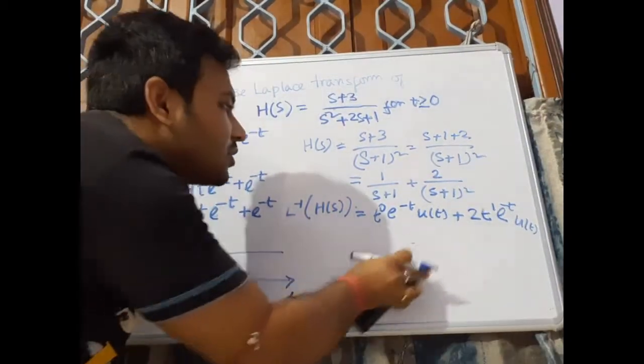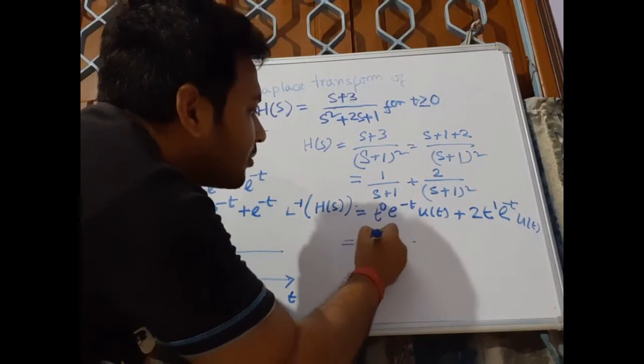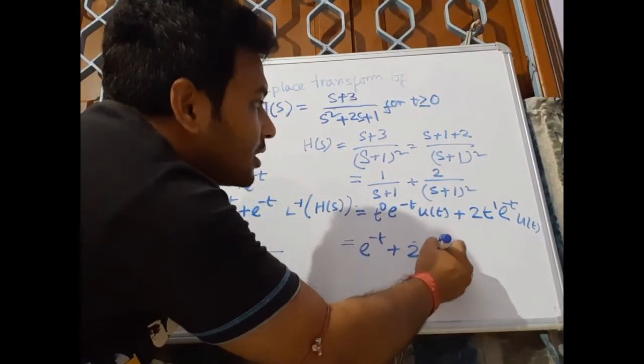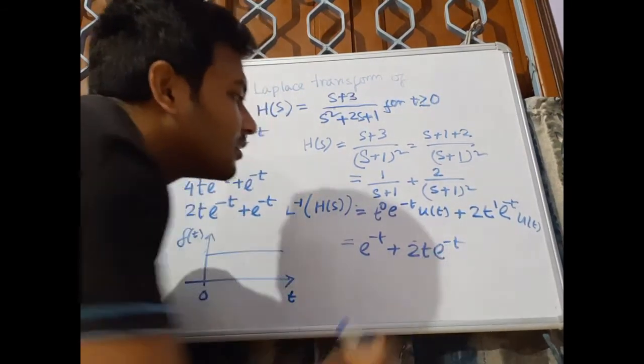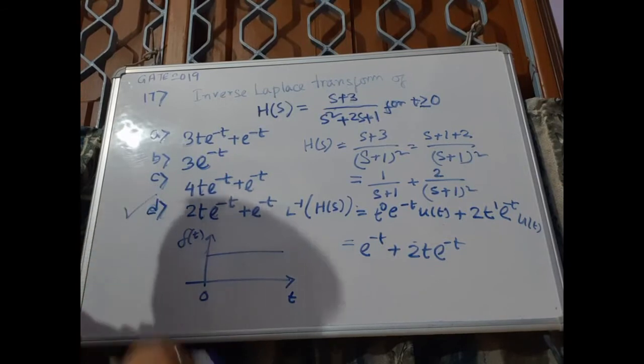So we can put 1 here, and this will be e to the power minus t plus 2t e to the power minus t. So we have the correct option D.